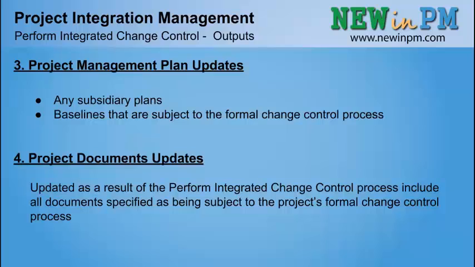The fourth output, that is the project document updates. The project documents are updated as a result of the perform integrated change control process and include all documents specified as being subject to the project's formal change control process.